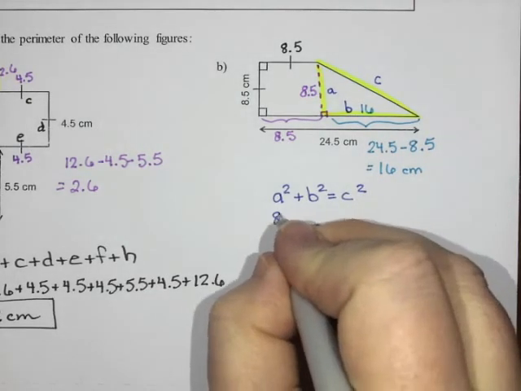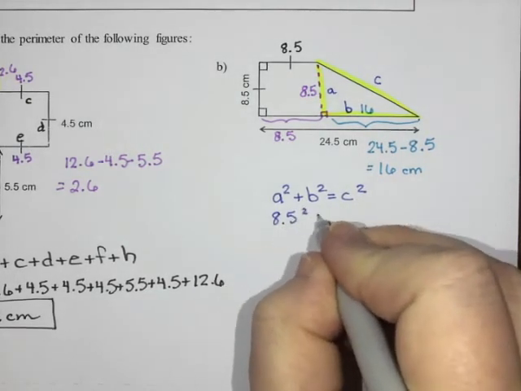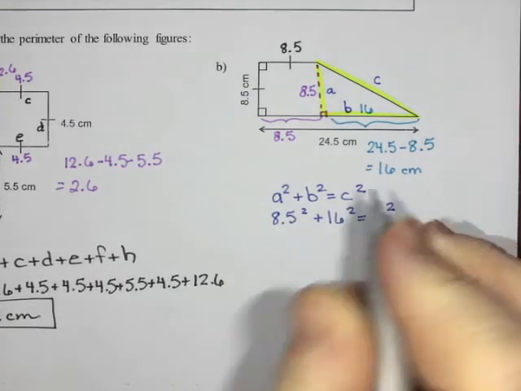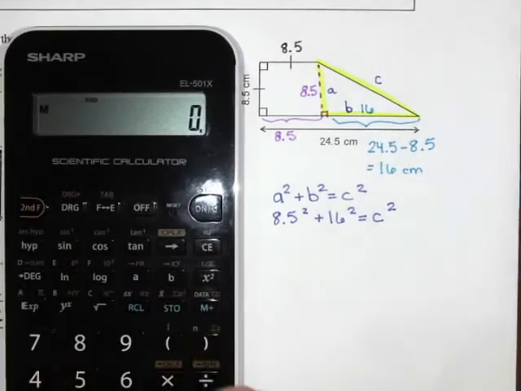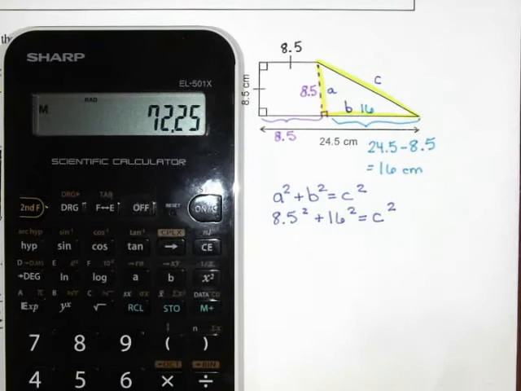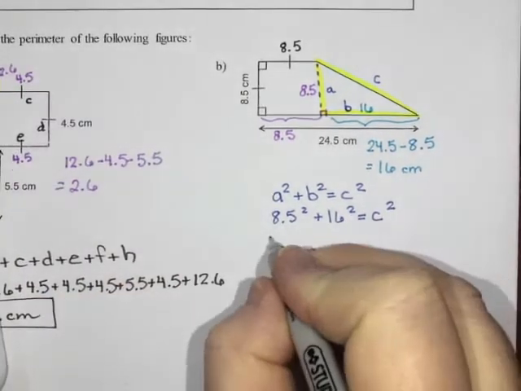So 8.5 squared plus 16 squared equals c squared. 8.5 squared is 8.5 times 8.5, which is 72.25.